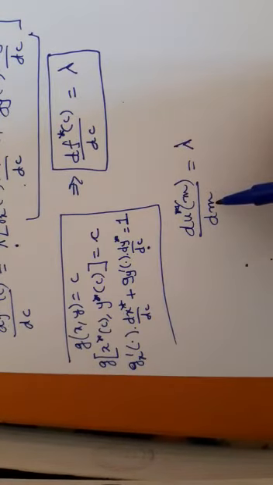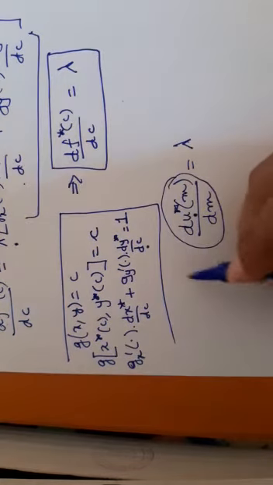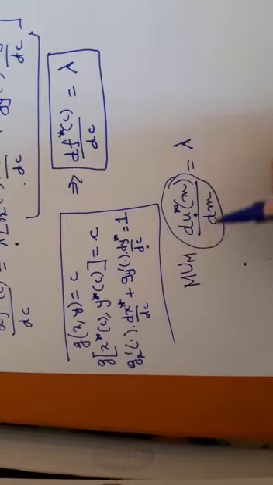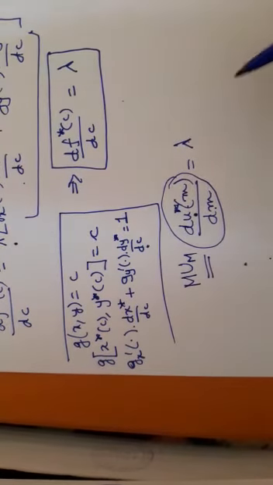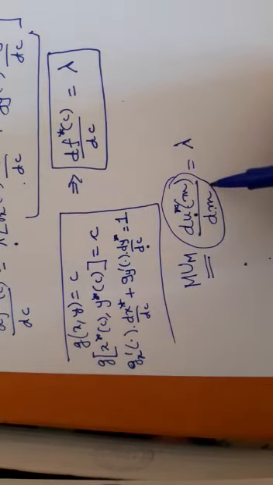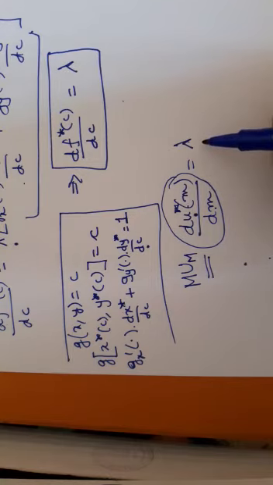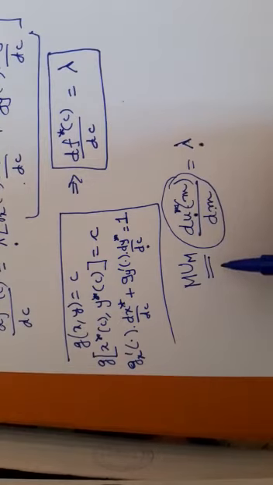Now actually we can give a nice economic interpretation to this expression, because the derivative of this optimal value function, the utility function at the optimum, with respect to income, is nothing but the marginal utility of money. This expression reflects nothing but the marginal utility of money, and therefore in the utility maximization problem, the interpretation that we can give to the Lagrangian multiplier is nothing but the marginal utility of money.